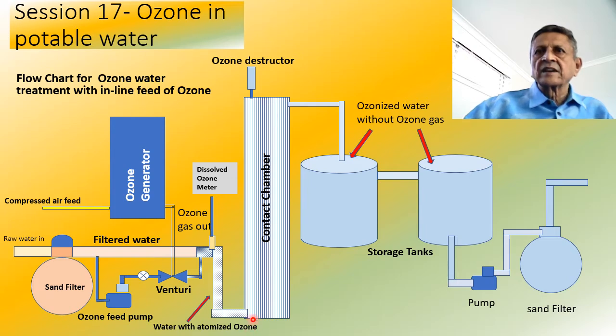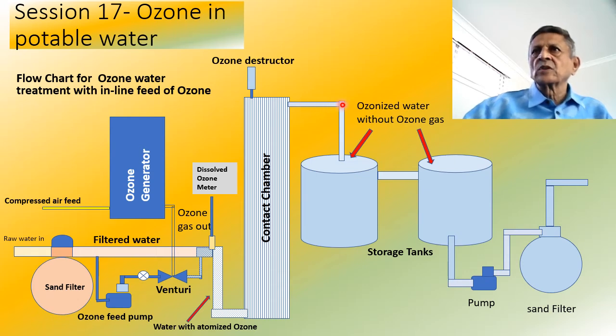The contact chamber is purely designed to increase the contact time of the ozone gas within the water, so that as much of the ozone goes into the water as possible. Once the water passes through the contact chamber, by the time it is received here, most of the ozone will have sufficiently mixed with the water to get ozonized water.